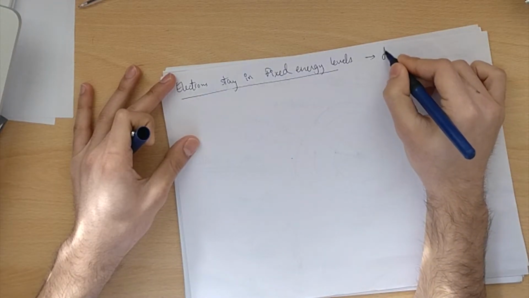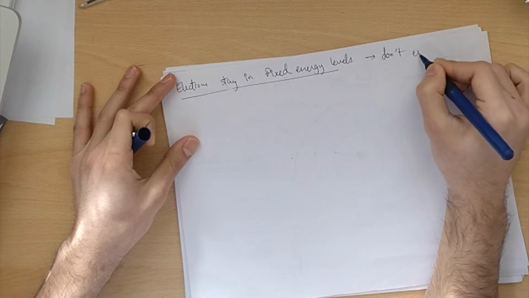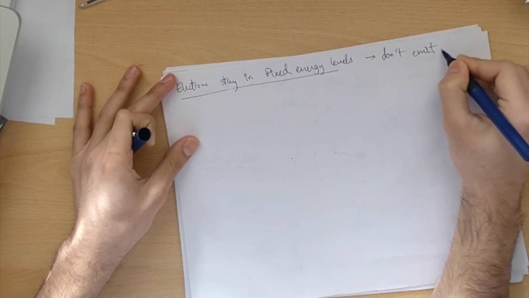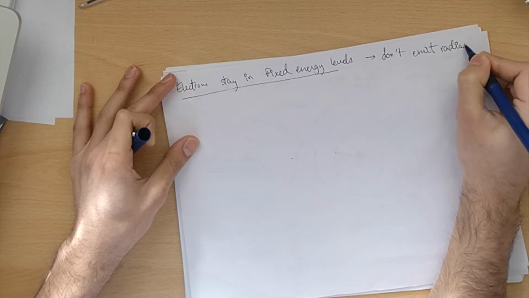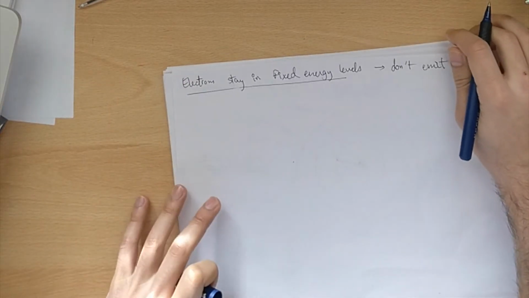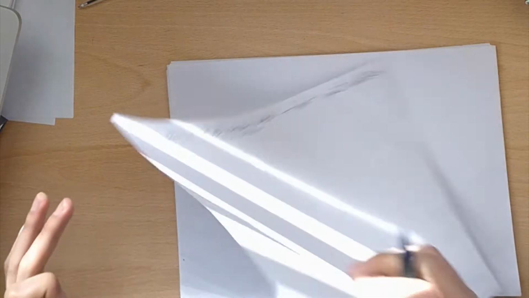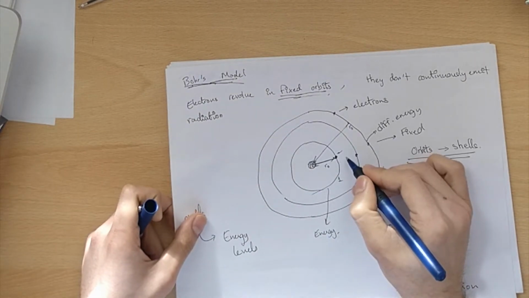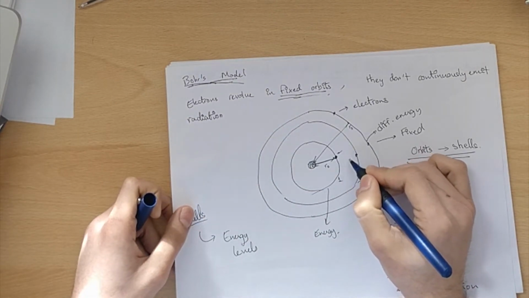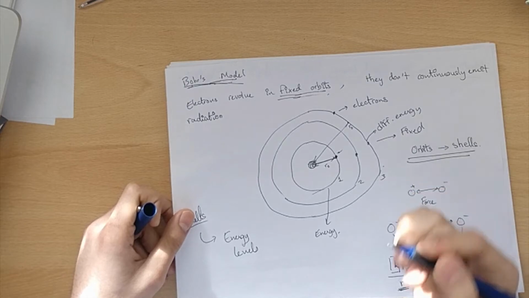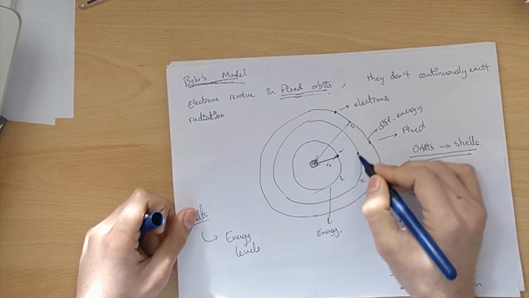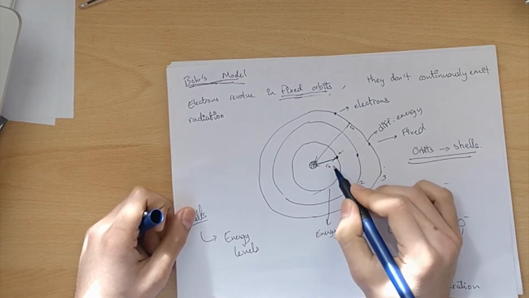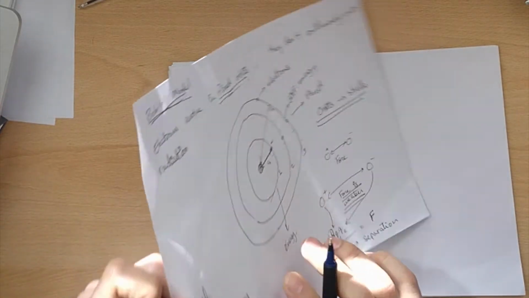where they don't emit radiation. So he's saying that the electron is restricted to certain specific energy levels and cannot exist in between. If the electron did exist in between, it could have any energy it wants, but he's saying that it cannot, that they're only restricted to this position or this position or this position, which means they have fixed energy levels.